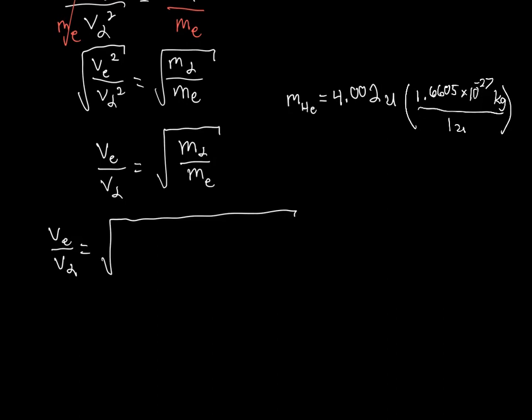Type that in. The mass of helium is 4.002 U's, 4.002 AMUs. This is in the periodic table, times 1.6605 times 10 to the negative 27 kilograms per AMU. Multiply that number out, let's see what we get.